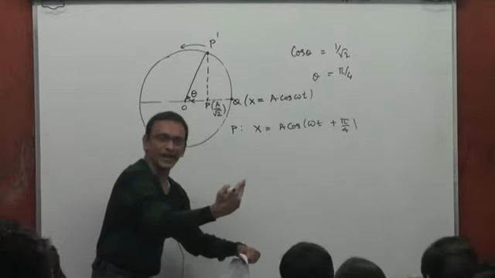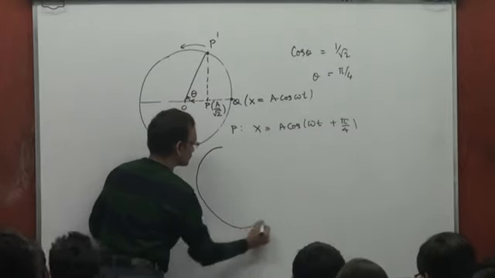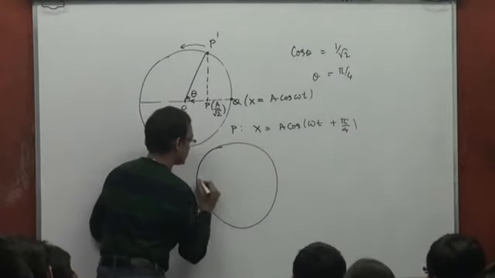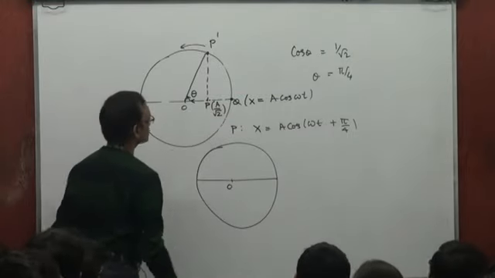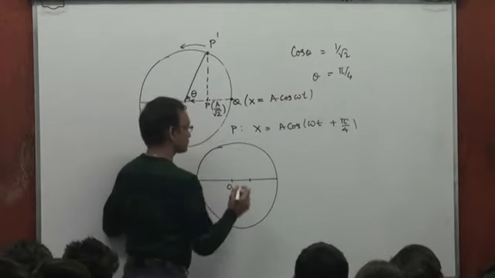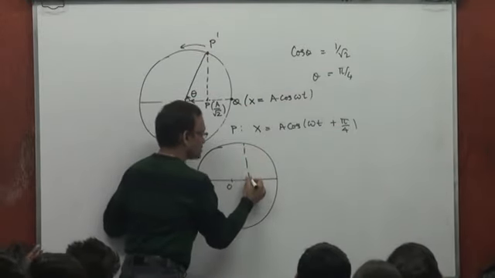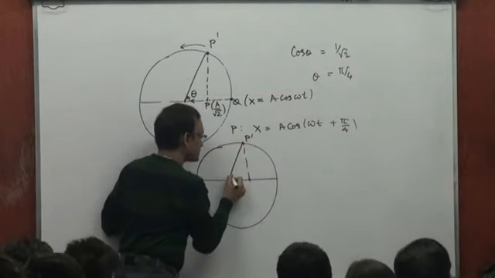The other way of looking at it is the following. This is P, and its auxiliary particle is here, P prime at t equal to 0.